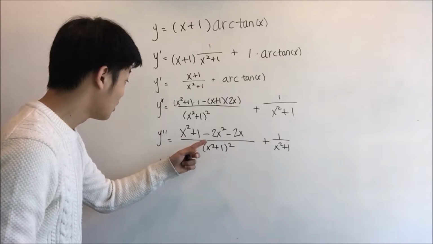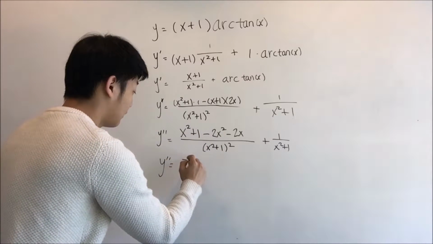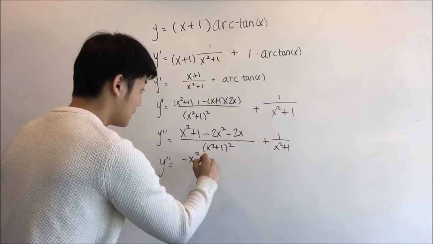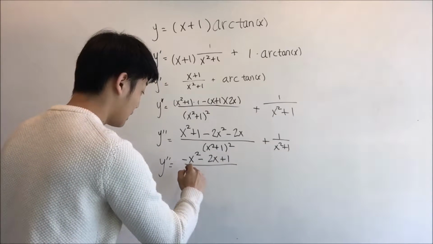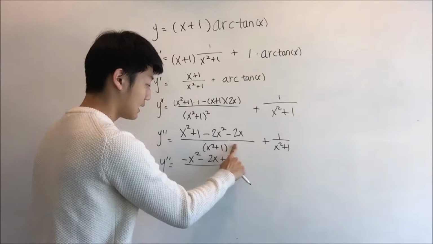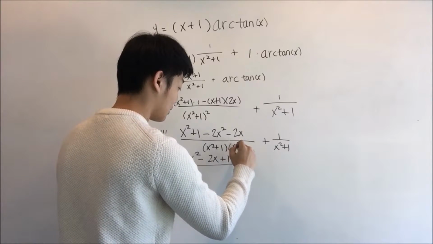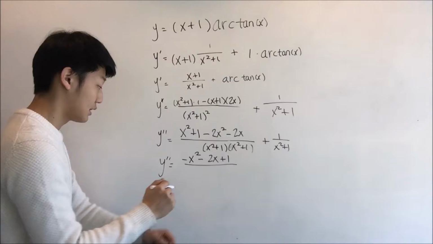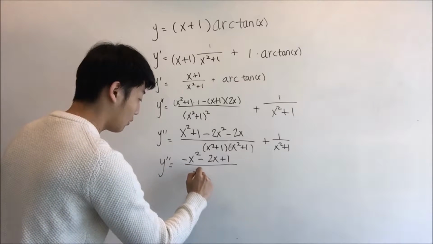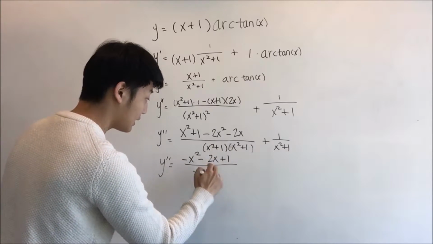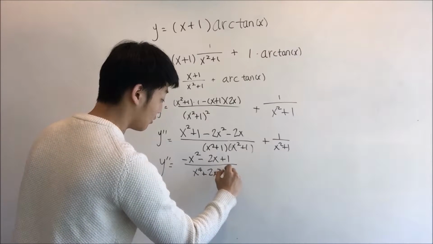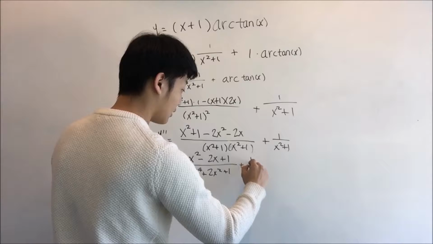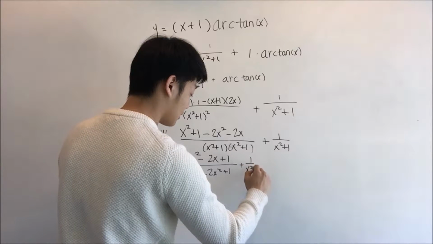Now, we can write this as negative x squared minus 2x plus 1 over x squared plus 1 squared, which is x to the 4th plus 2x squared plus 1, plus 1 over x squared plus 1.